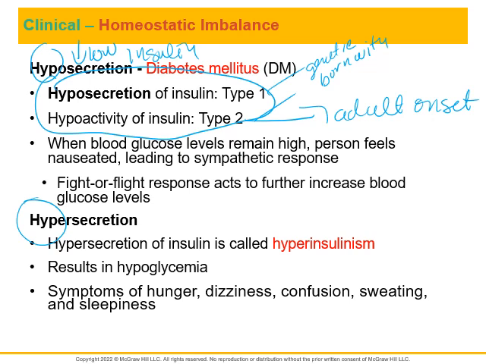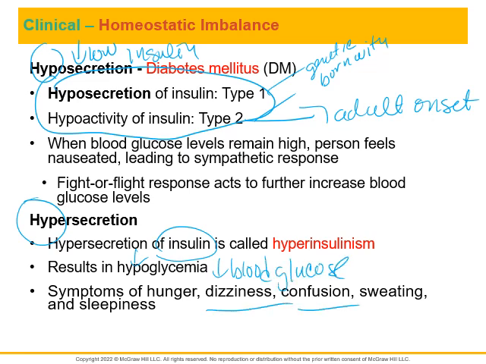So this is why people that have issues with insulin, if they don't make enough insulin, if they're administering insulin themselves, they have to kind of stay in between this, right? They don't want to have hypo and they don't want to have hyper. So having too much insulin is not good either because your blood sugar drops. So you have low blood glucose.